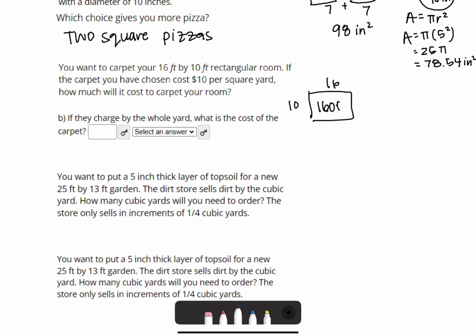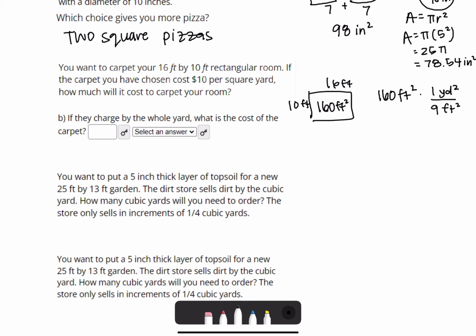This is 10 feet by 16 feet, so you get 160 square feet and you want to convert it to square yards, and remember 3 squared is 9. So if you're talking about square yards and square feet, 1 square yard is 9 square feet.